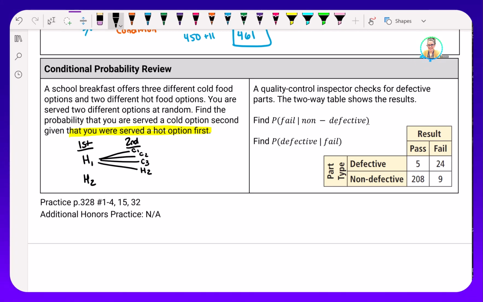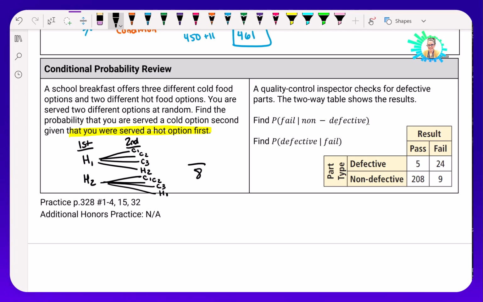So I had 4 choices here, and I'm going to have 4 here again: cold 1, cold 2, cold 3, and then hot option number 1. So here I've got 8 because I've got 2 times 4. So I have a total of 8 options because instead of it being the whole tree diagram, I was limited to just a hot option first.